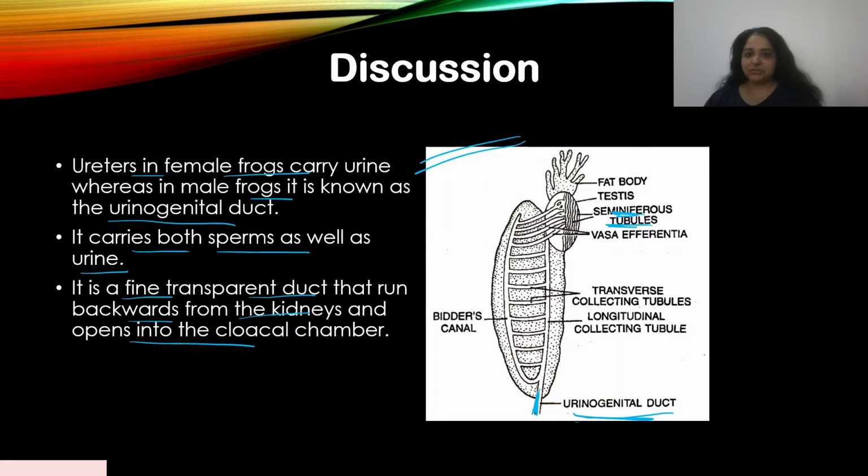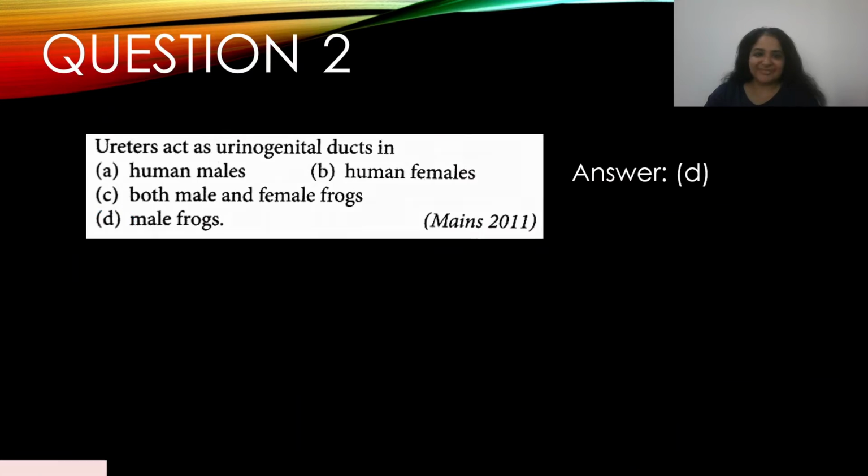Eventually it moves down the Bidder's canal, then to the transverse collecting tubule, to the longitudinal collecting tubule, and then into the urinogenital duct. So remember, ureter in female frogs, and urinogenital duct in male. Clear? I think I've discussed this previously. We'll move on then.